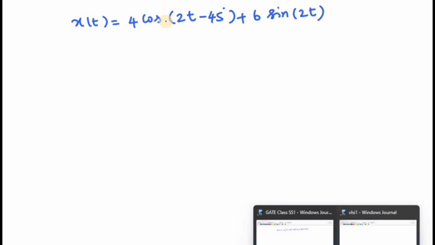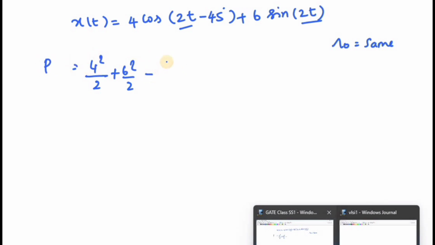Consider the next question. Here x of t is equal to 4 cos(2t minus 45 degree) plus 6 sin 2t. We know that this is a power signal, but you see here the omega naught value is the same for both signals. Therefore, you should not write 4 square divided by 2 plus 6 square divided by 2 as the answer.